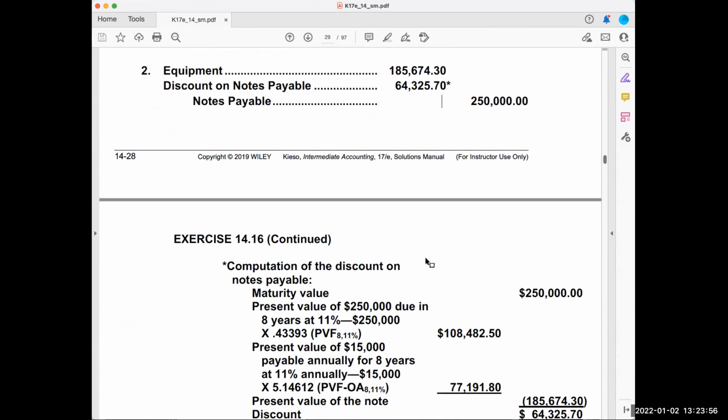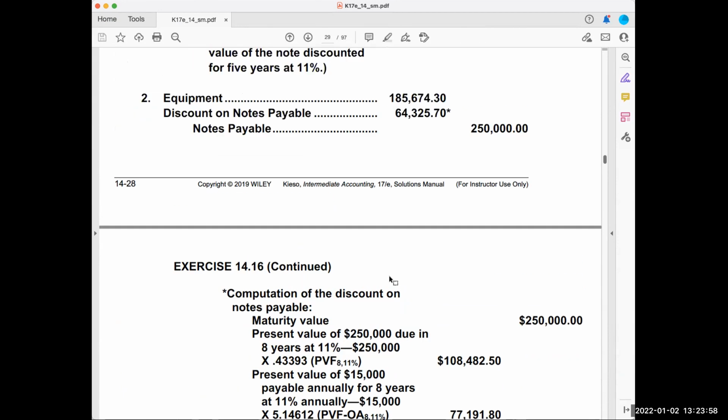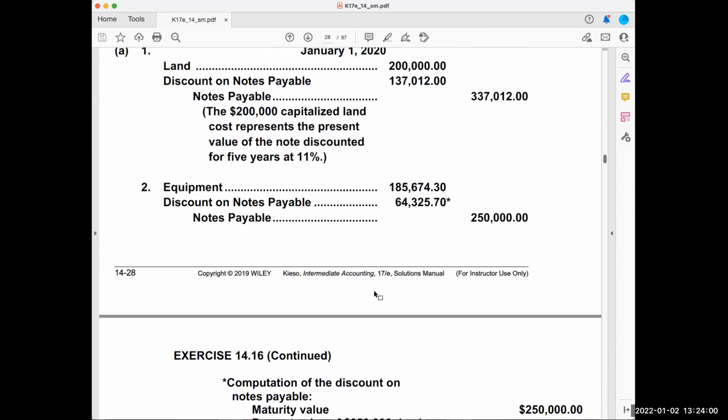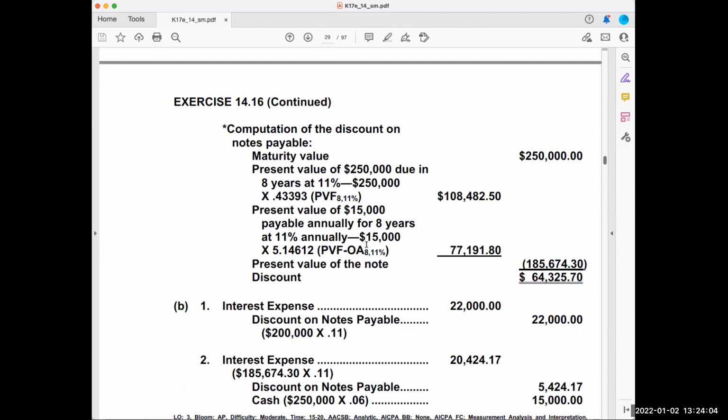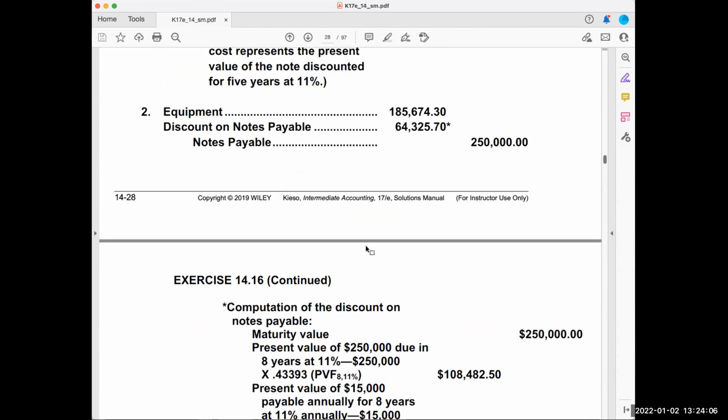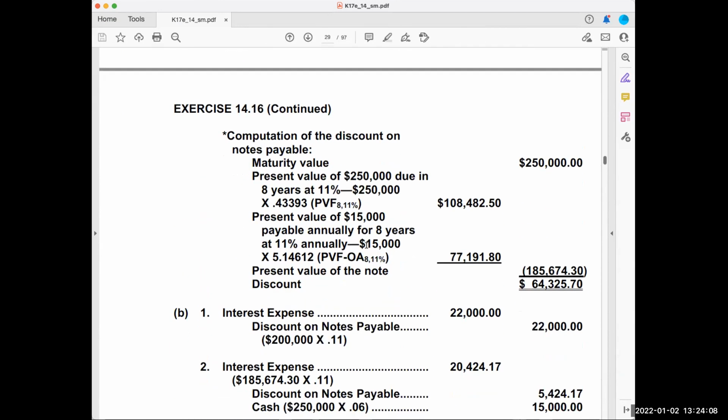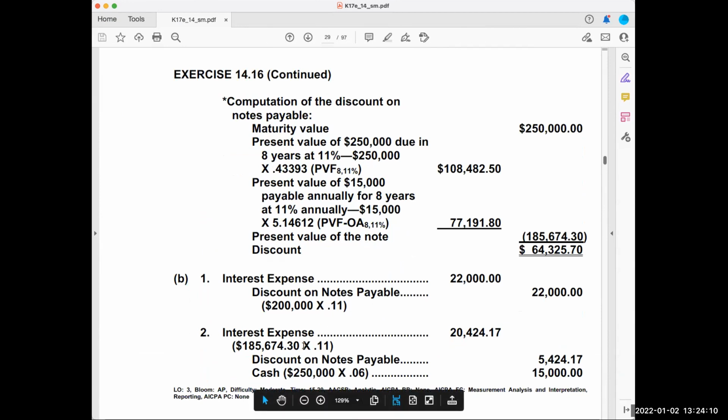Now, for the second part, this part makes sense. With the actual amount of the interest expense, they have 2 different parts, right? So you're paying cash. And I don't know about this first part about interest expense being 22,000. Oh, that's for the first part above, but this is what's happening over here.